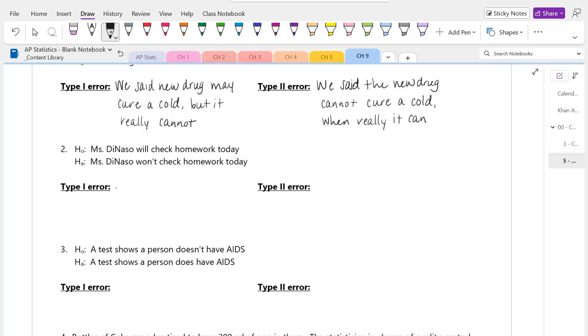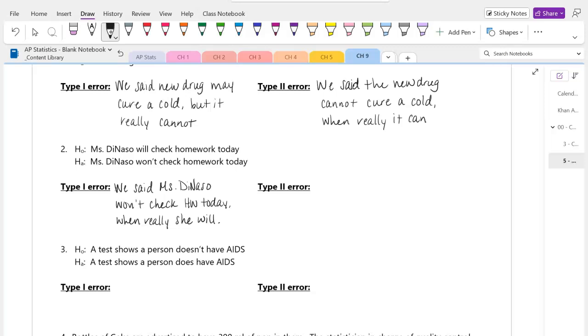So we can say that we said Ms. Tanasa won't check homework when really she will. And she cannot do it today because she is not at school.